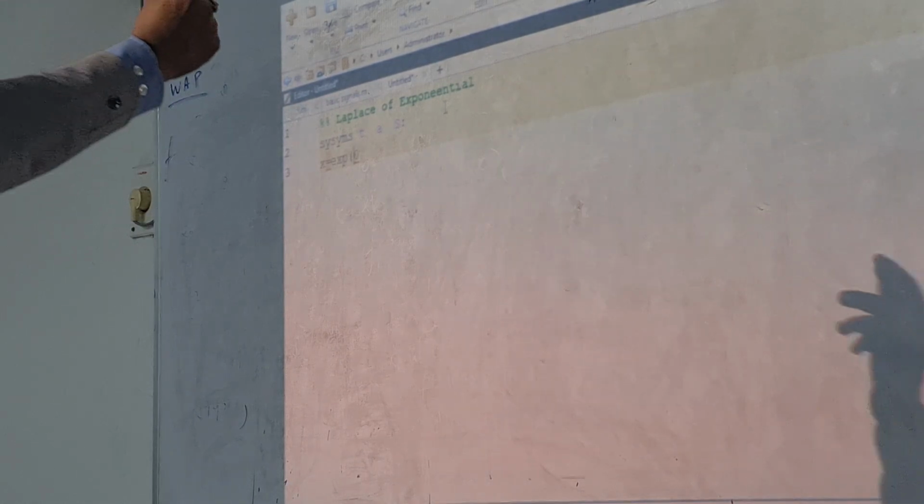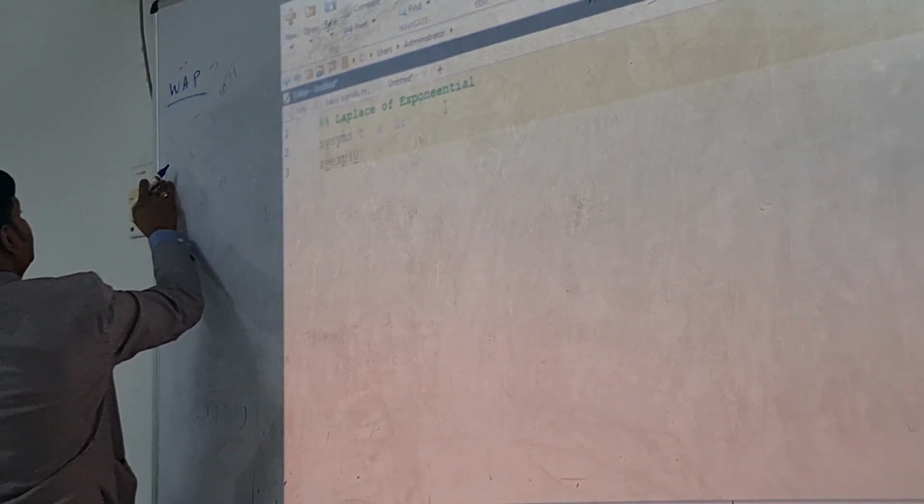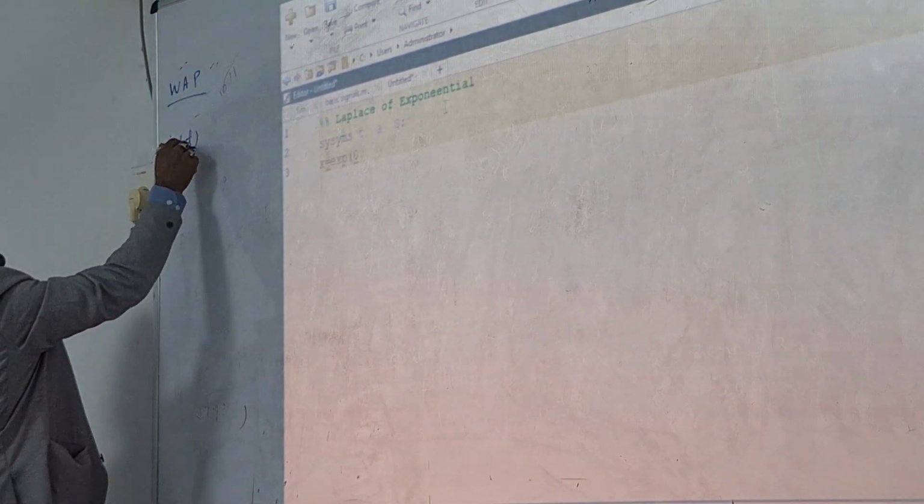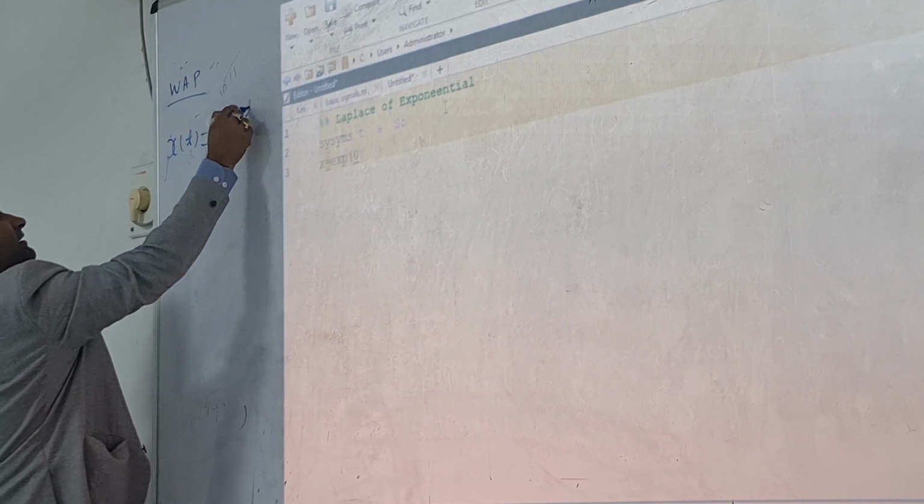Simply write exp, which means you have to find the Laplace transform of e to the power at. Suppose this is the signal, x(t) is equal to e to the power at.